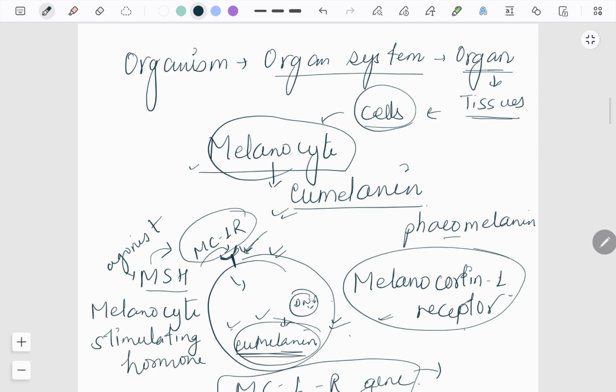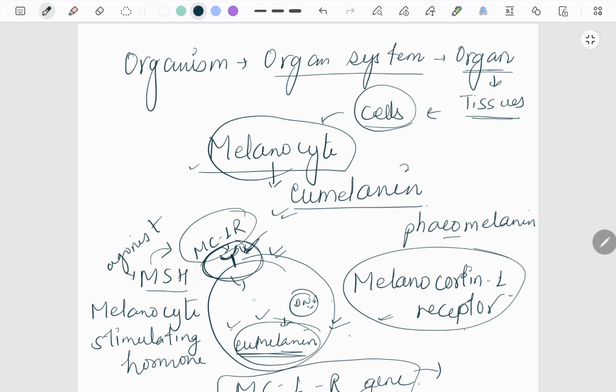MC1R produced was not normal, but ASIP produced here is normal, and it is too much. So it is going to sit in this chair, the MC1R receptor, that is already not effective, and MSH itself cannot stimulate it. And on top of that, on whatever receptor is working, who is sitting? The antagonist, this agouti signaling protein.